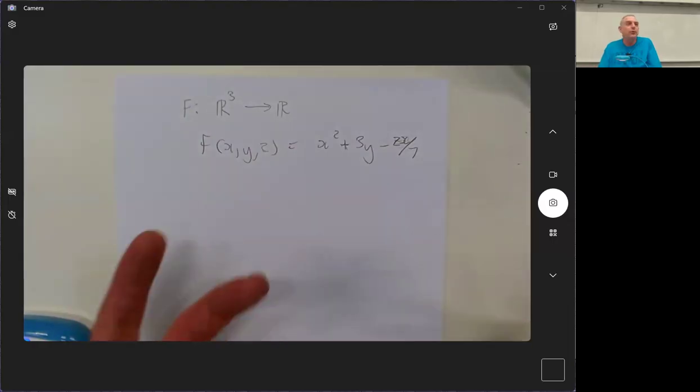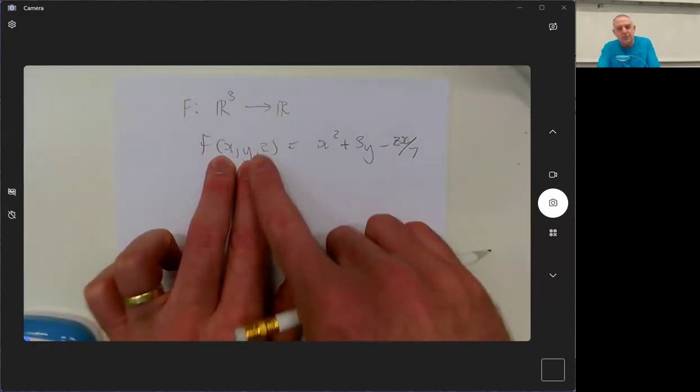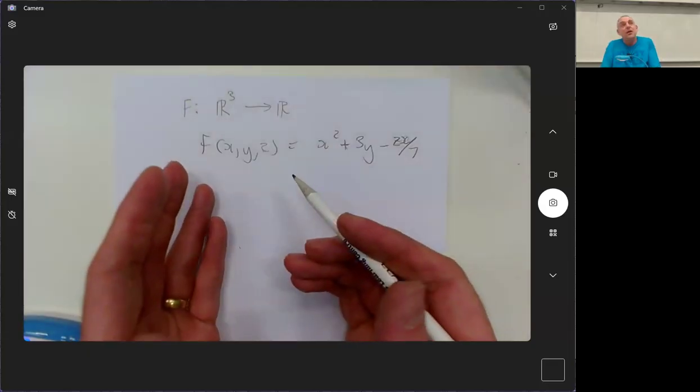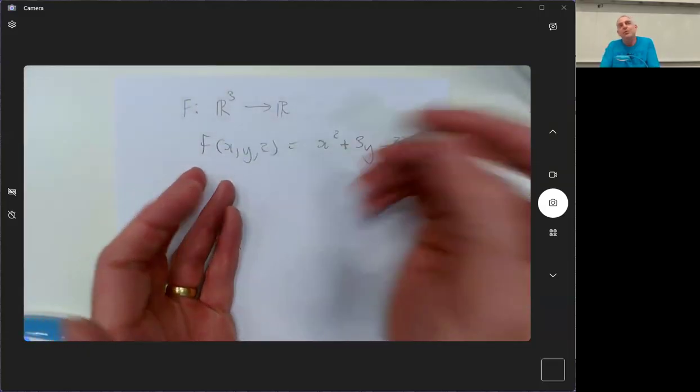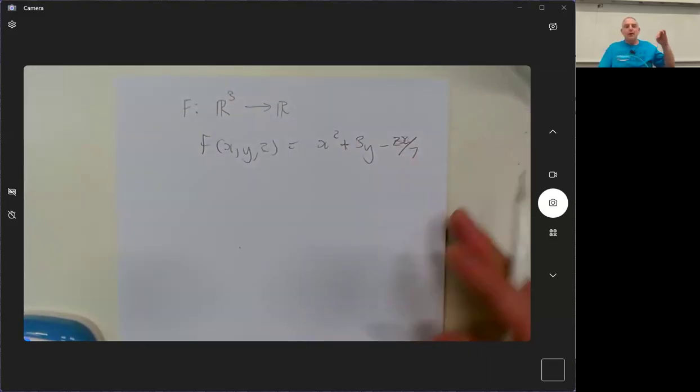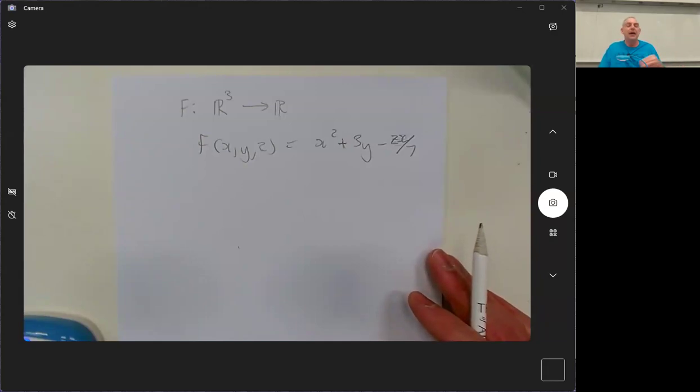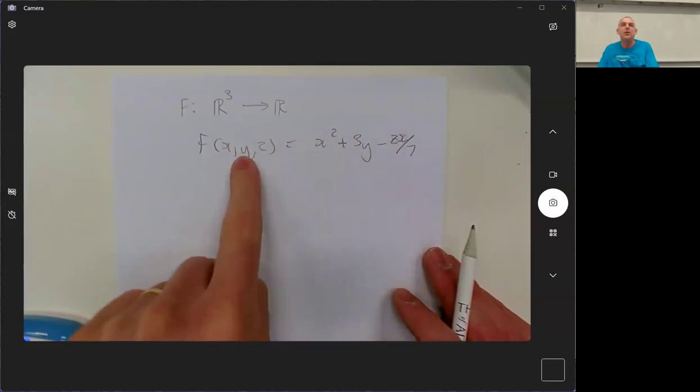Two of these could be space and this one could be time. There's all sorts of things where multiple different inputs produce an output. And so the first thing that we do in multivariable calculus isn't really a geometry thing at all. It's just about how quickly does this change when I change one of these.